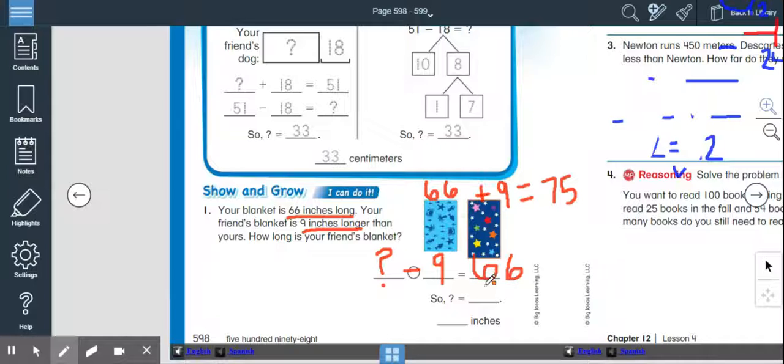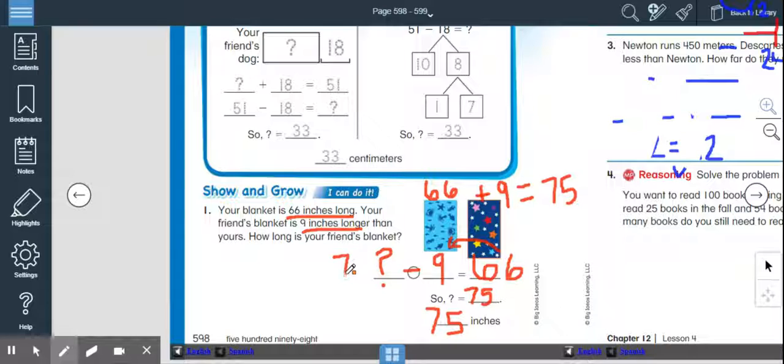Well, we know that subtraction and addition work together, and now we can see our problem and say 66 plus 9 and find out what the question mark is. And we just did that up top. So we know 66 plus 9 is 75. So our question mark would be 75. So our friend's blanket is 75 inches long.